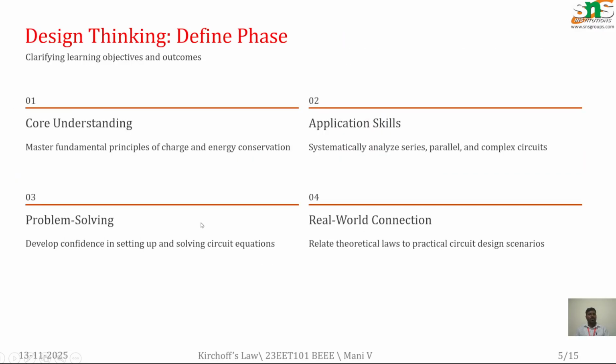Okay. So in the define stage, we have to understand the principle of conservation of charge and conservation of energy, and we have to implement them so that we are able to analyze series circuits, parallel circuits, and many complex circuits.